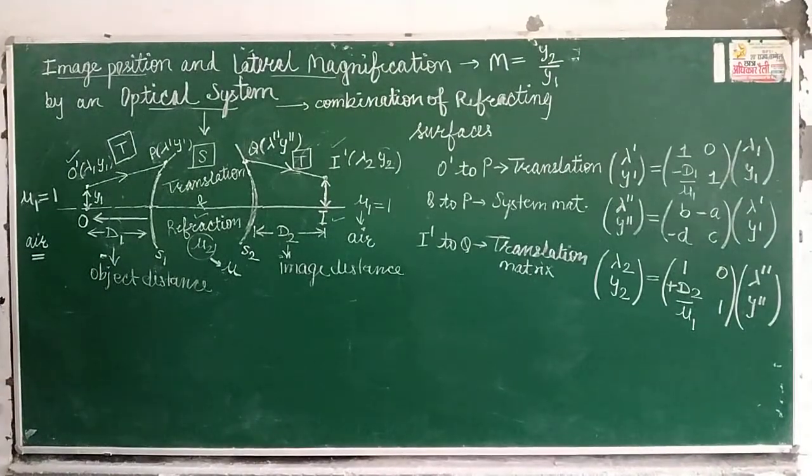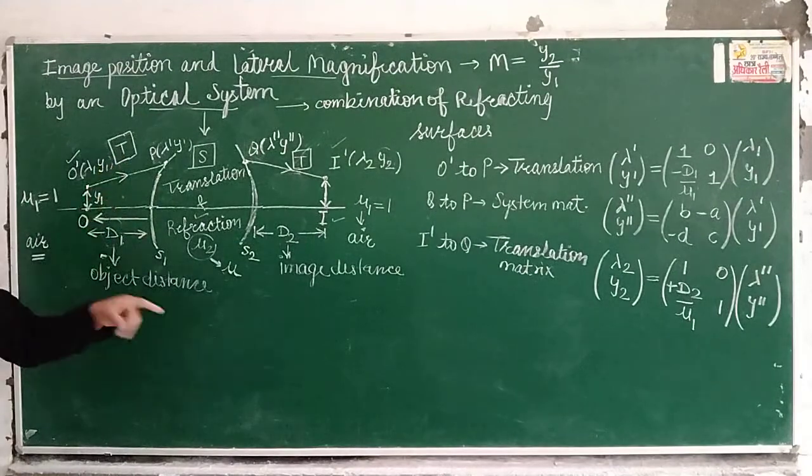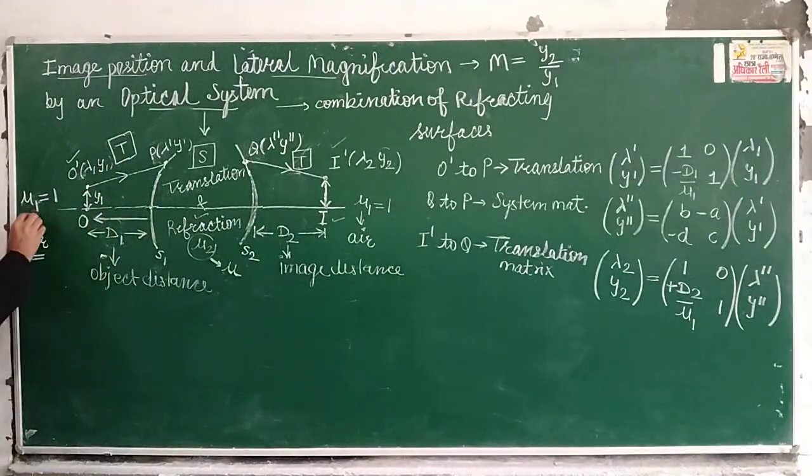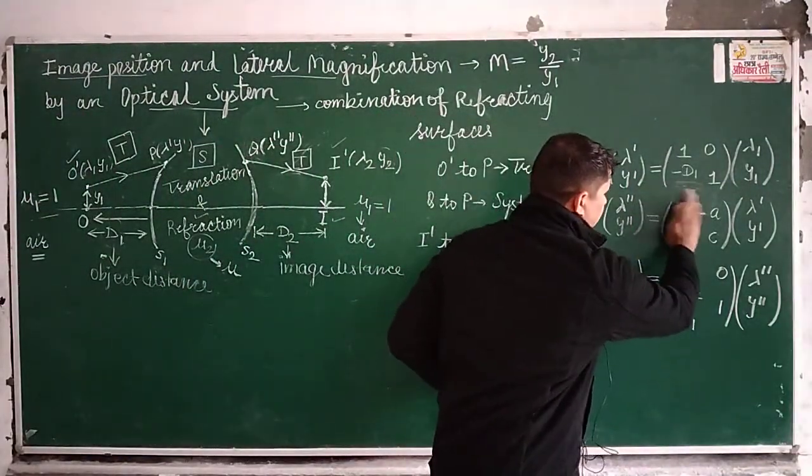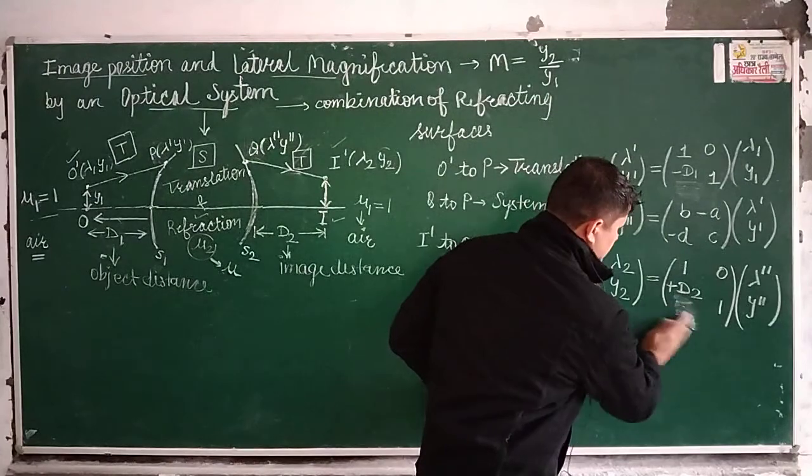Class, for simplicity we will assume that this optical system is placed in the air medium, so we will replace mu1 by 1, and then you will get this relation.